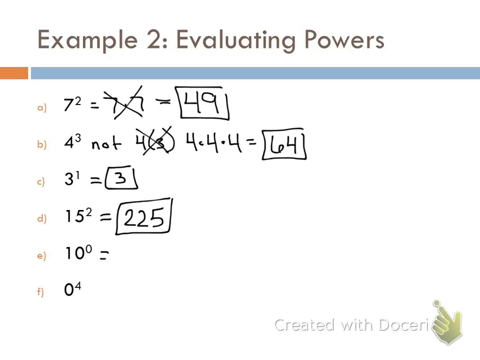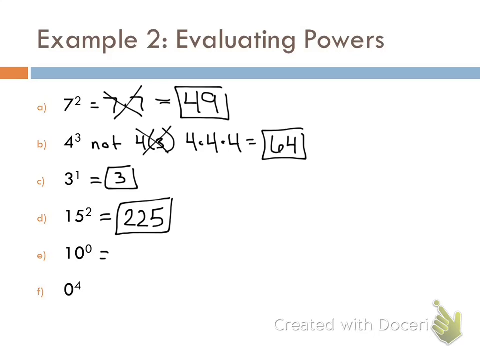What about this next one, letter E, 10 to the 0 power? Anybody know what a number raised to the 0 power would be? Quentin? No, it's not 0, which is kind of what we would think it would be, but it's not. Warsay? Nope, not 10. Nope.